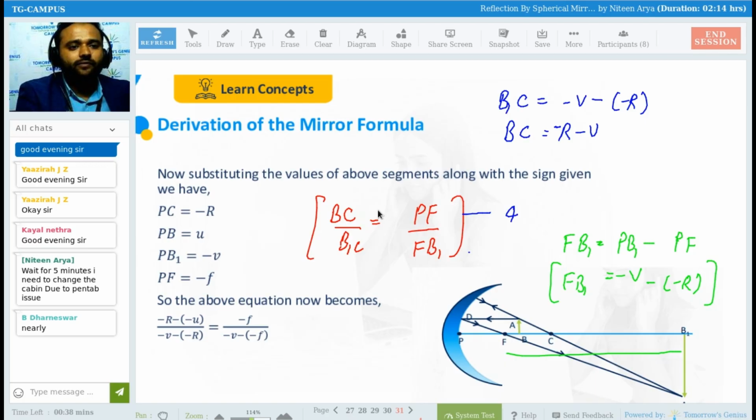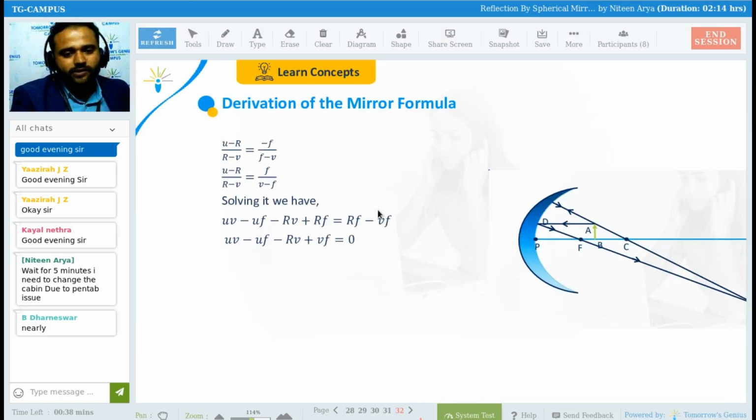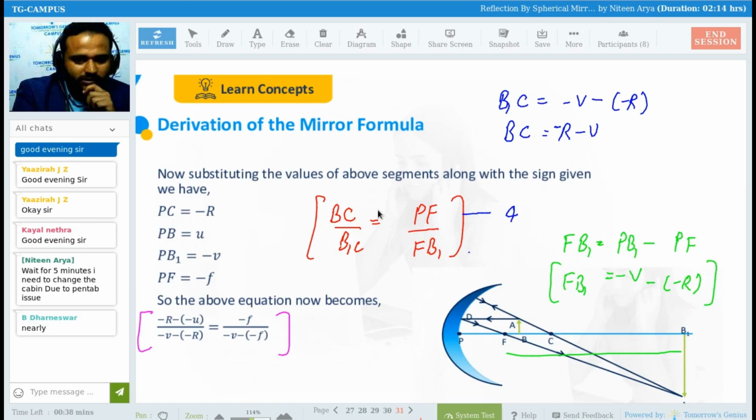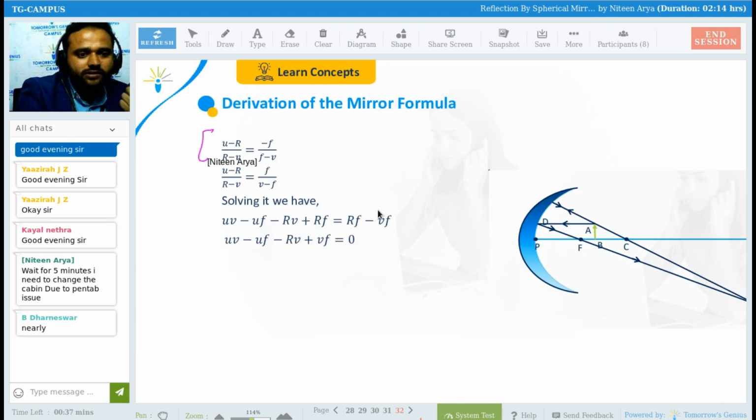So the above equation converted into this, and when we solve this equation, just taking out the negative sign, it is going to be U minus R, and it is going to be R minus V. Clear? Because U is going to be positive, R is going to be positive, F is going to be positive. So we can convert this equation into this.